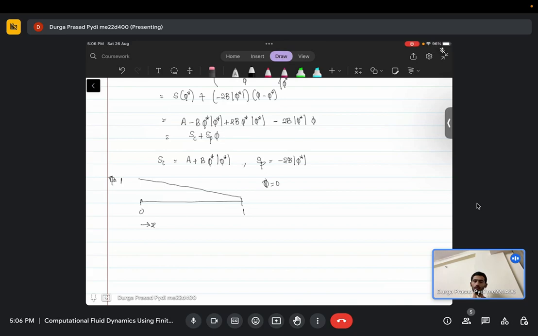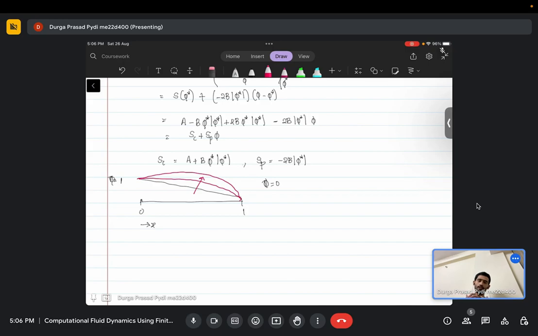Now when you have a nonlinear source term, the temperature profile will change depending on your nonlinearity, but the problem is we do not know the coefficients beforehand. So we start with an initial guess, and the guess will keep changing the temperature field, so your profile will gradually evolve.